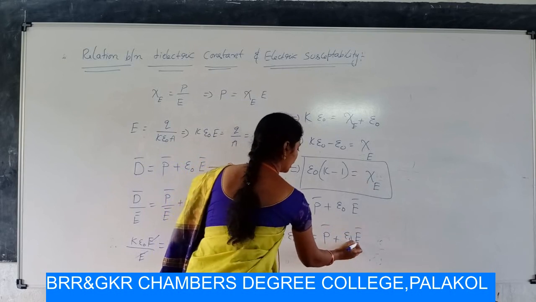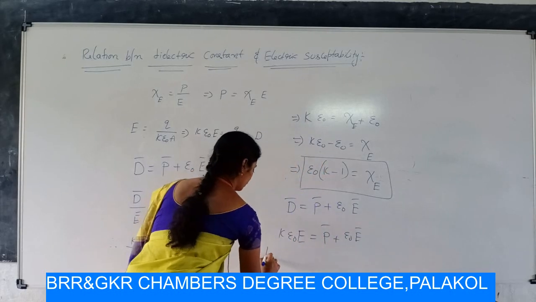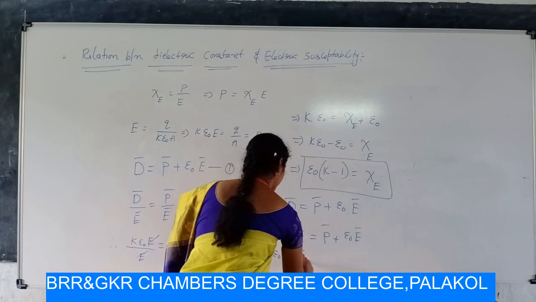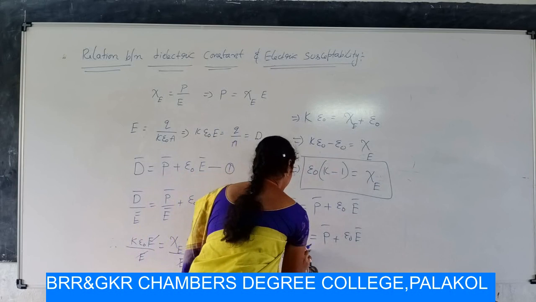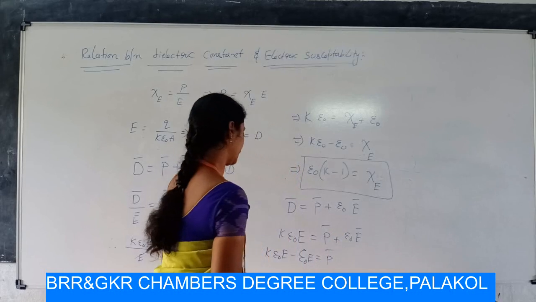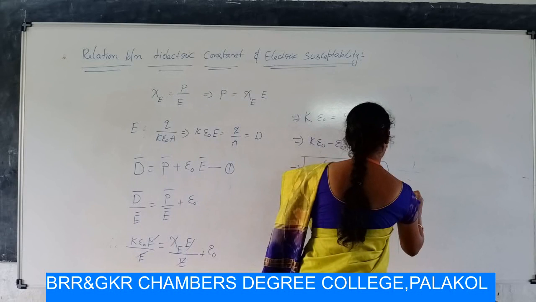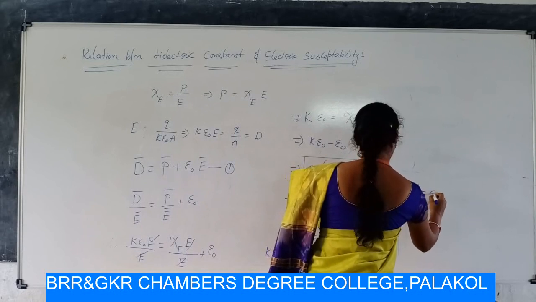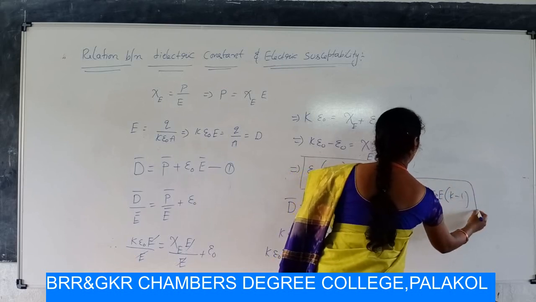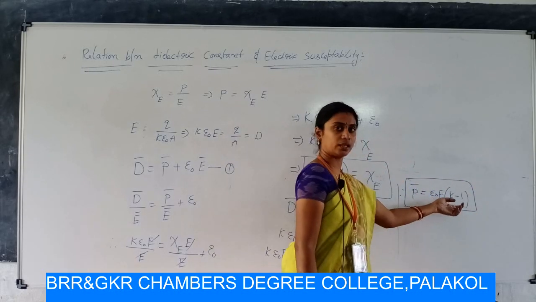Here this epsilon naught E bar, putting to this LHS, then we can write epsilon naught k E minus epsilon naught E is equal to P bar. So here epsilon naught E is common. Then we write the equation as P bar is equal to epsilon naught E into k minus 1. This is also the relation between the polarization vector and dielectric constant.